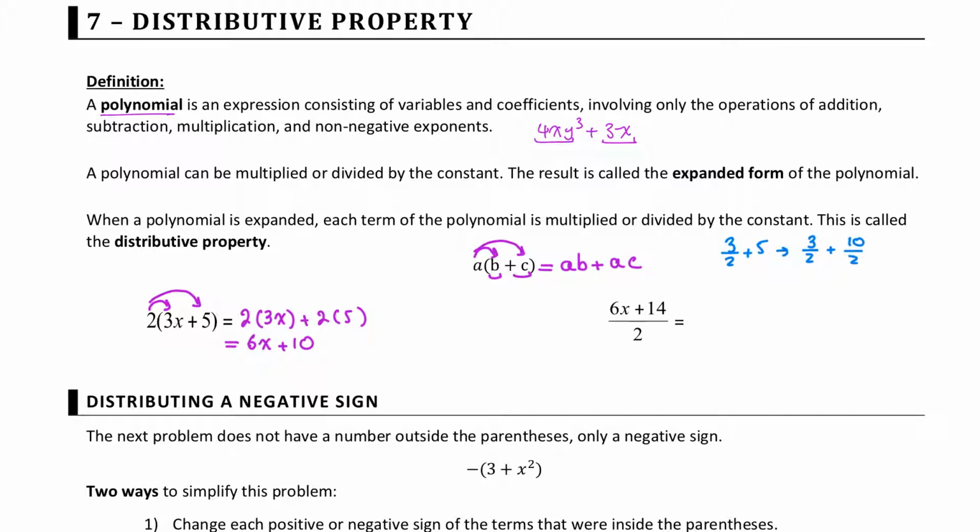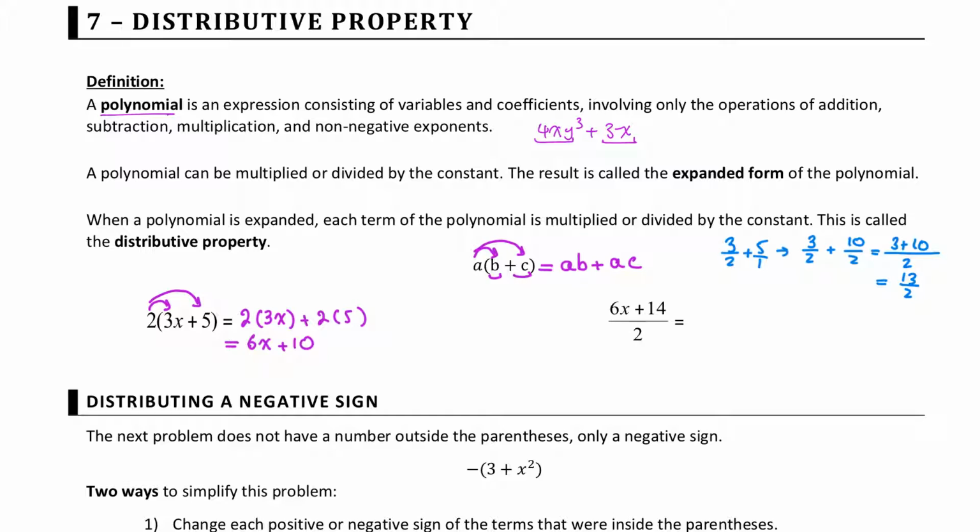And what I've done here is I have written 5 as 5 over 1, and the denominator is multiplied by 2 here, so 1 times 2 gives me 2. And if I multiply the denominator, I have to multiply the numerator by 2 as well, which gives me 10. To simplify this, I will have to write it as 3 plus 10 over 2, and finally that would give me 13 over 2 as my final result.